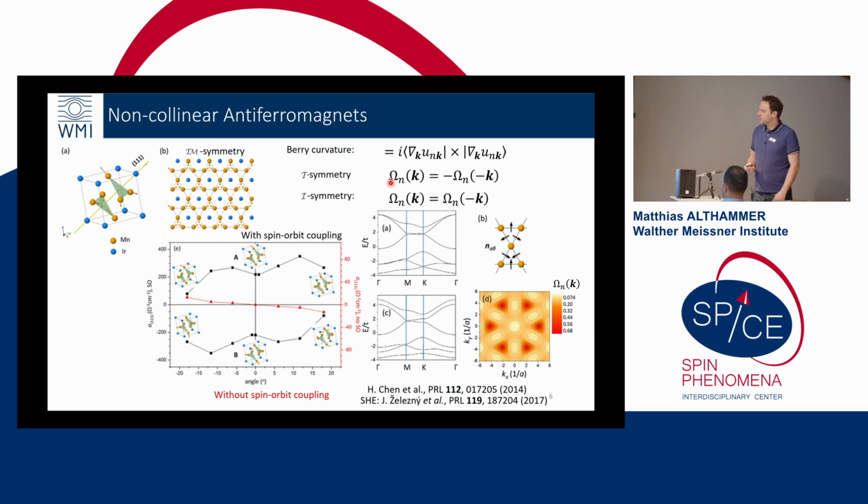But what you can do is, there's two things you can play around. The first thing that they tried to do was really breaking a little bit time reversal symmetry by applying an additional magnetic field in this out-of-plane direction. You cant the spins a little bit out of this plane, and with that time reversal symmetry breaking, you can introduce some finite Berry curvature in the system.